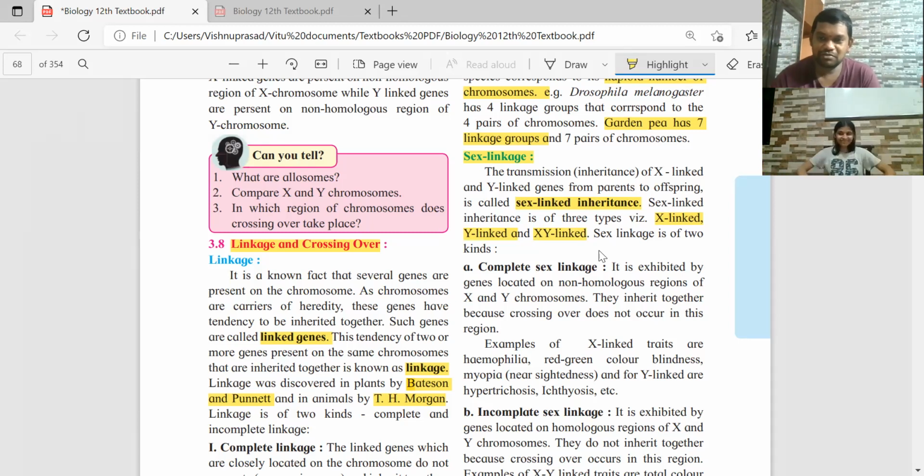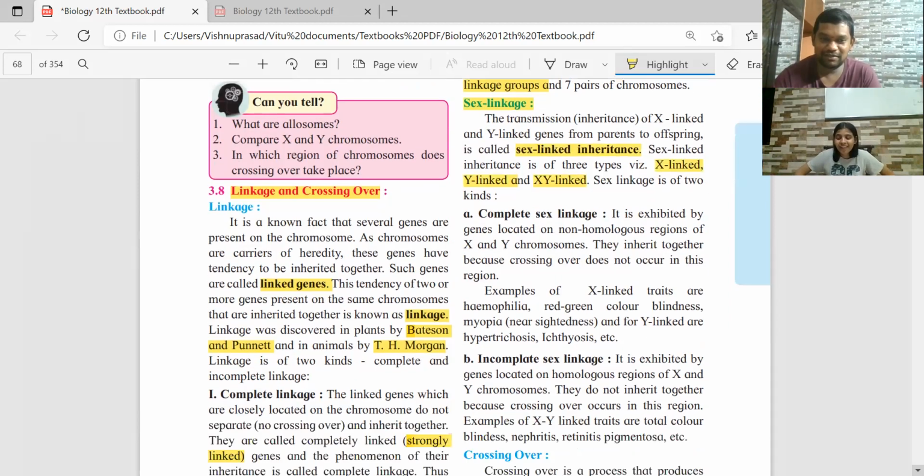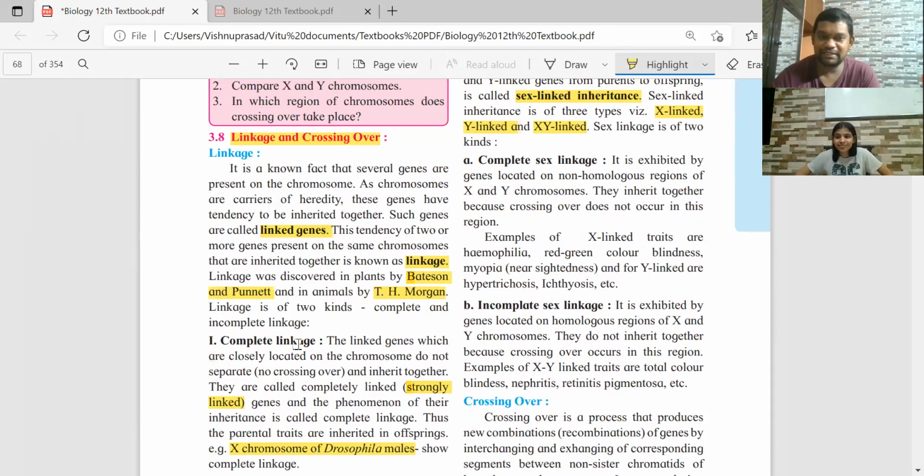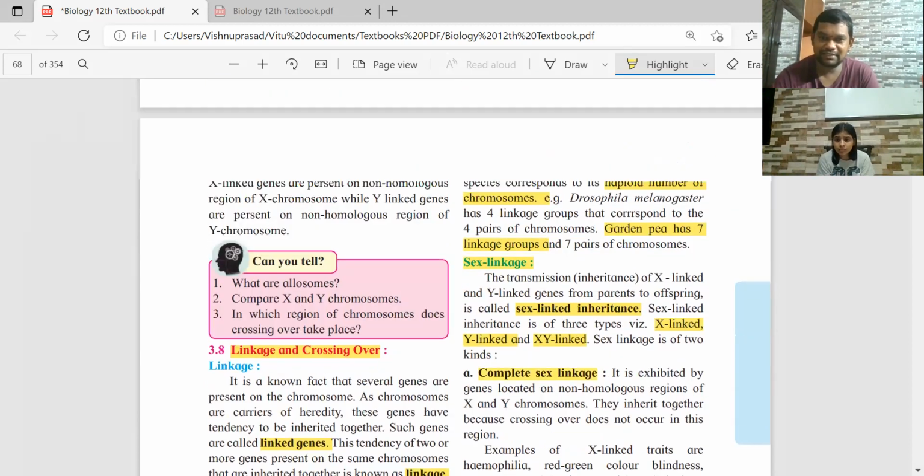First one. Here we saw complete linkage. On sex lines, you have something called complete sex linkage. What is that? If you recollect, we had studied the difference between the X chromosome and the Y chromosome.